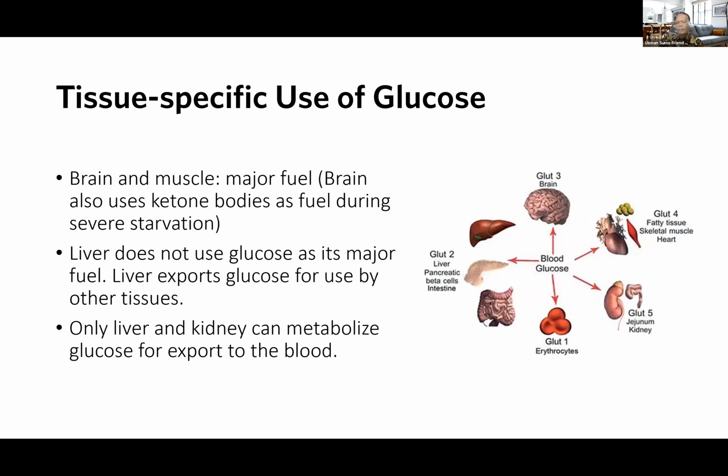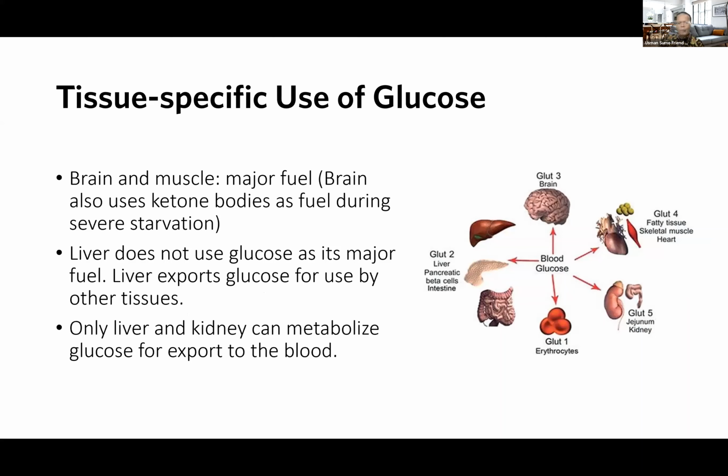Then, if we discuss glucose, this glucose will be used by a specific organ in a certain way.